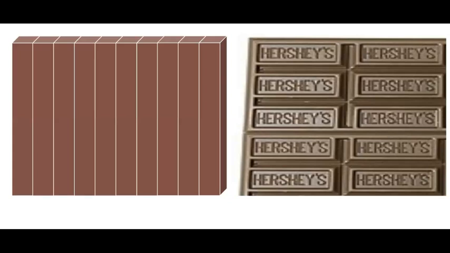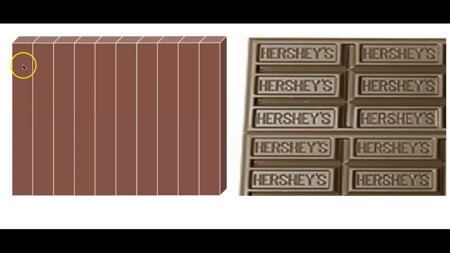Okay, now you can see that I took that Hershey's candy bar and I changed it into a cartoon candy bar. Now you can see that this candy bar looks kind of different from our Hershey's over here. Hershey's candy bar split it down the middle and then split each side into 5 equal pieces. I didn't do that. I took my Hershey's cartoon candy bar and I split it into 10 long skinny pieces, just like this.